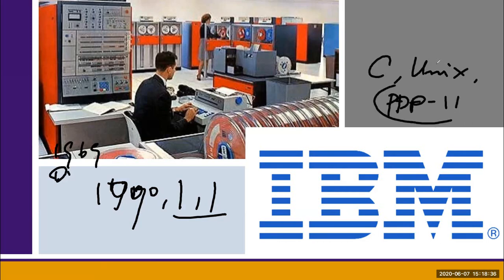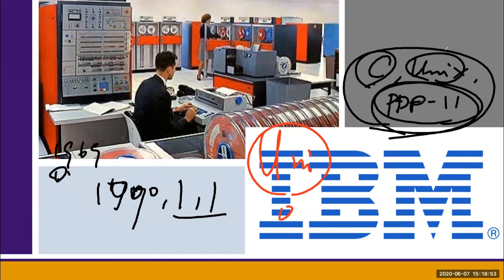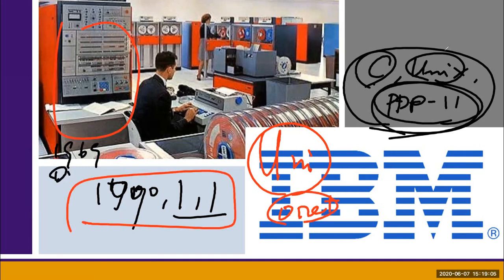PDP is a computer name, and it later became PDP-11. These three things were invented around the same time. Unix is written in the C language and installed on the PDP-11. Unix stands for Uni, meaning one, so a single operating system designed for one computer, a single box. Since that time, the computer merged into one box.